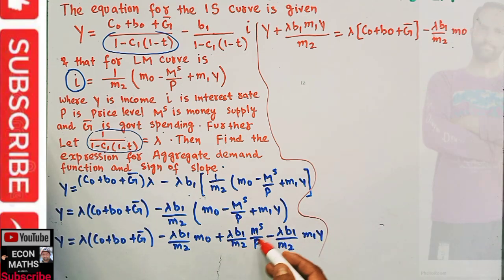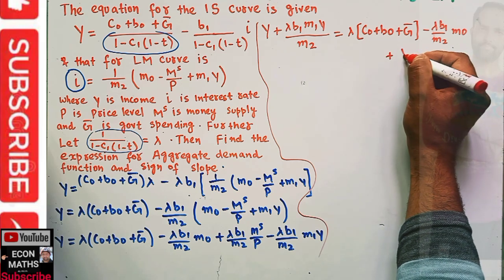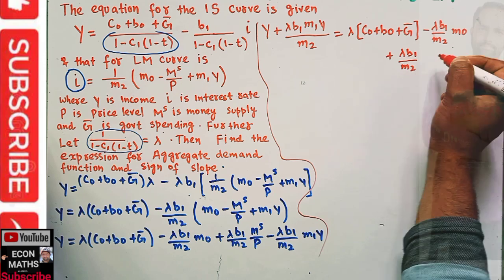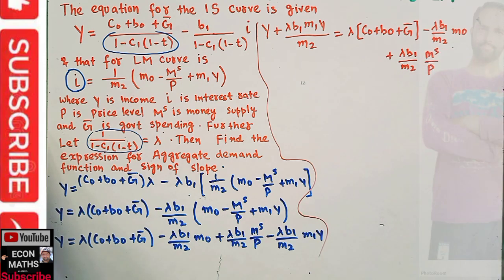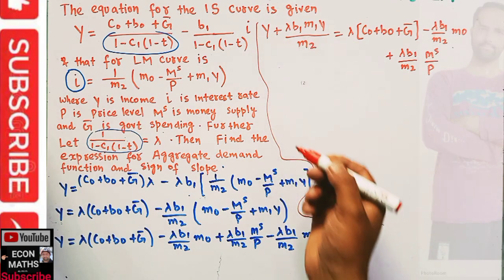Then we have this term again, plus lambda B1 upon M2 MS upon P. Here we will do one thing: multiply this M2 to this Y, doing the cross multiplication.